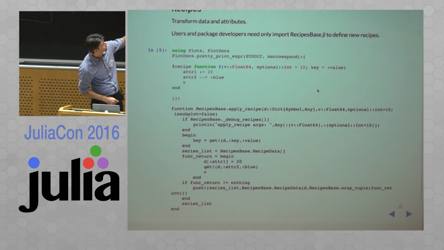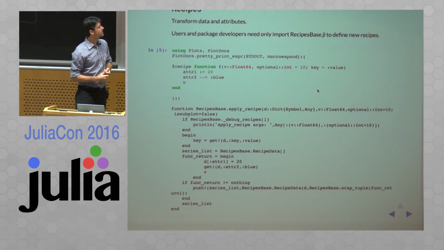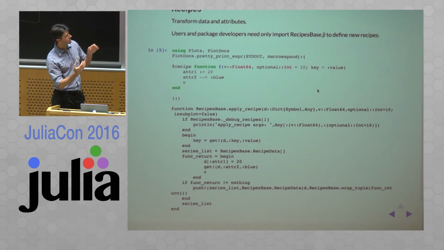If you look at the actual expansion, kind of in the middle of the expansion, you can see the code block that gets translated. You can see that d of attribute 1 is 20, and instead the same thing for attribute 2, we're doing this get! which basically says if it's in d, then keep it.